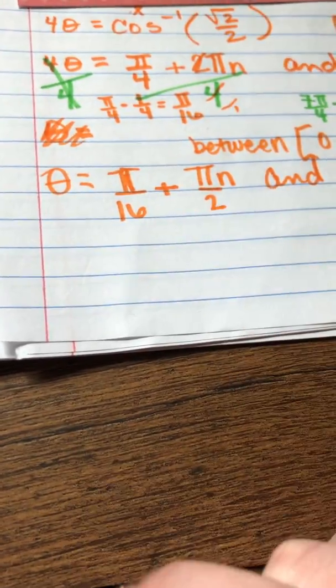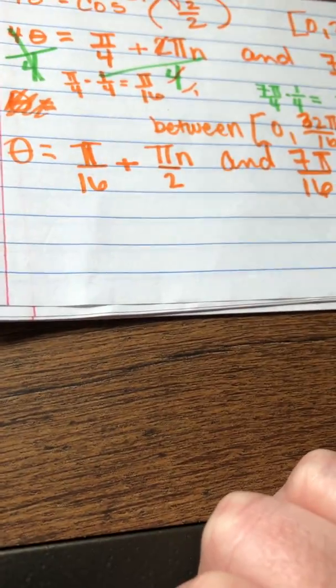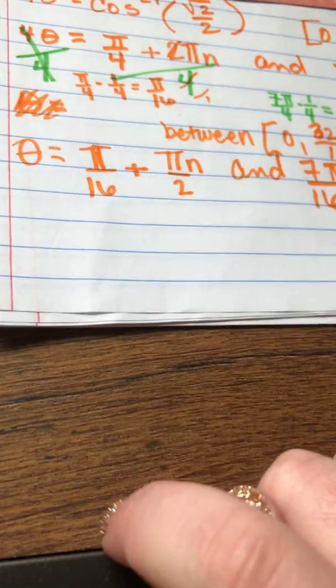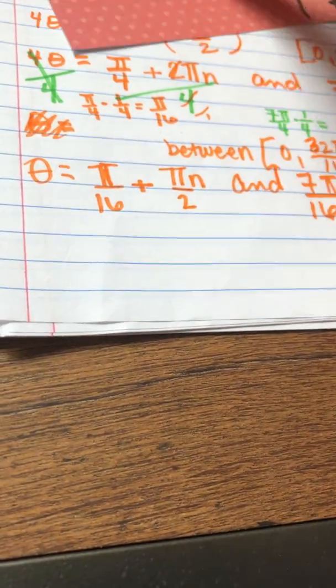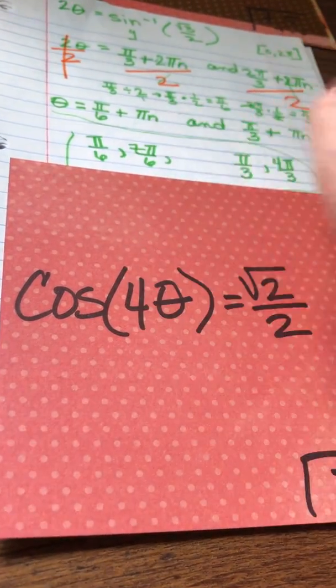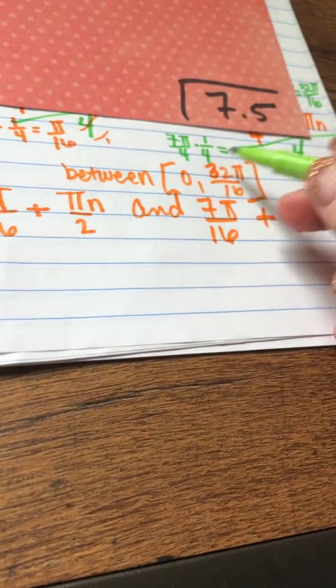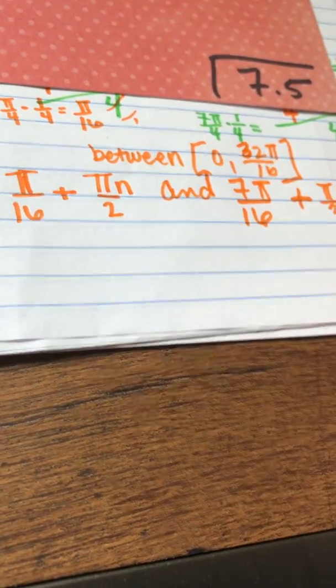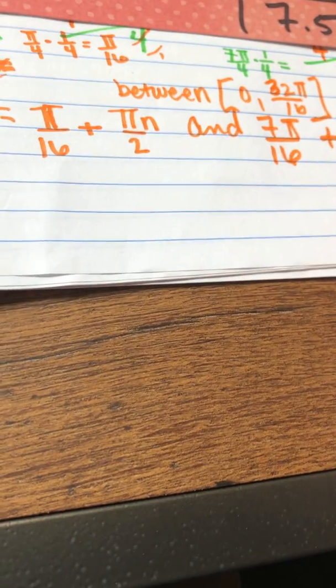So let's start doing this. Pi over 16 plus pi over 2 n. It's not as easy as the one before, because before we were just adding pi, 180. This one we have to add pi over 2. So let's change this pi over 2 to a common denominator.